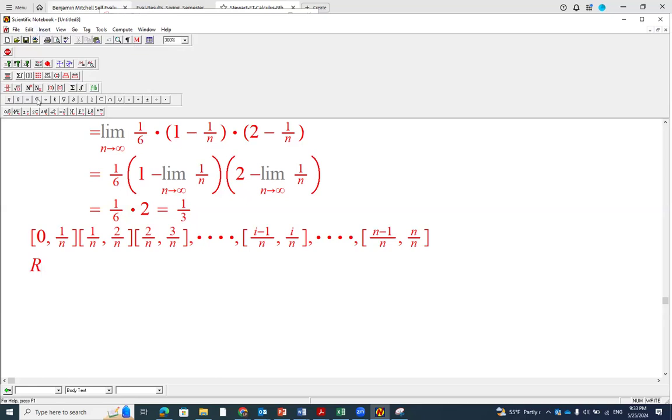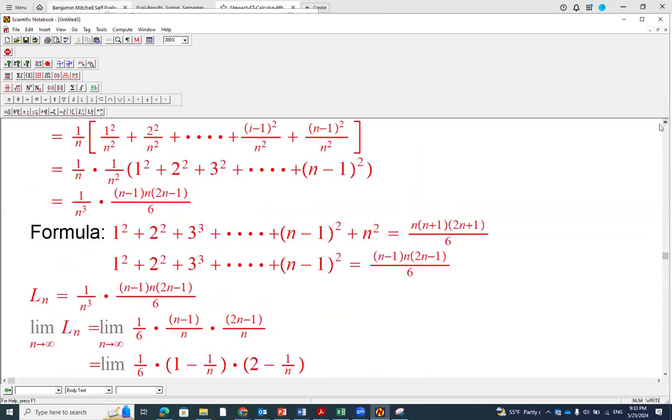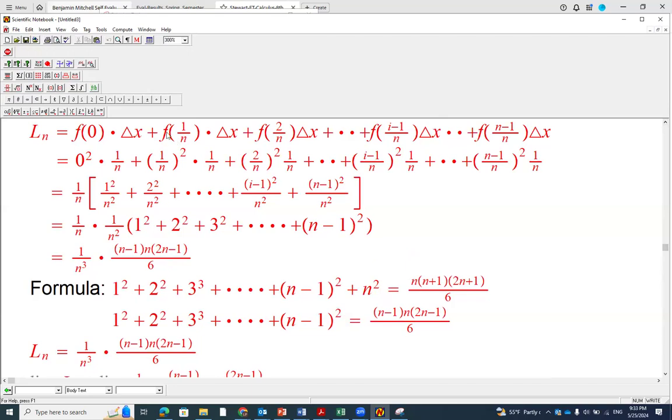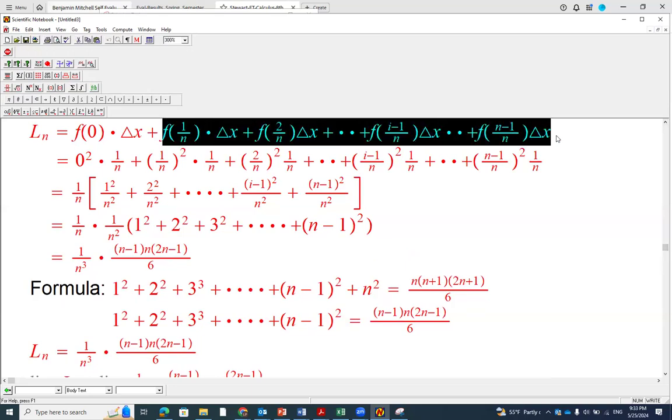So for the right endpoints with n subintervals, the first interval has 1 over n as the height. The second interval, 2 over n is the height. 3 over n is the height. And the last one is n over n. So we're going to have these areas, the first, second, and the last.